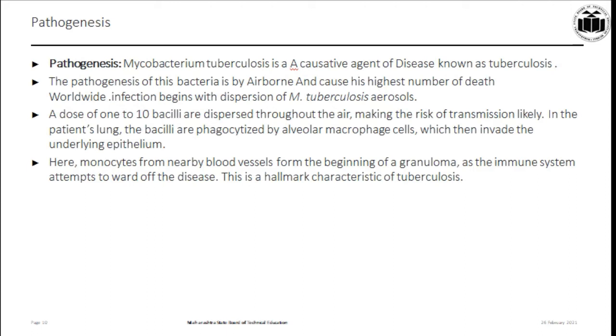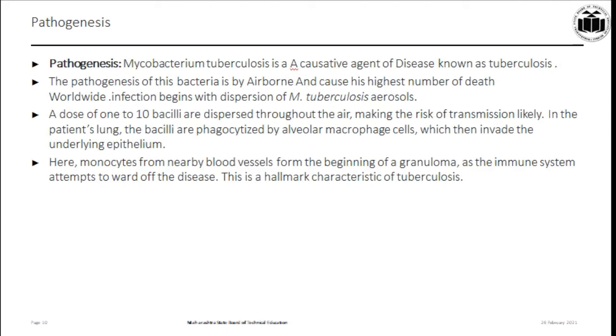The bacteria is transmitted by the airborne route, and hence causes maximum deaths worldwide, caused by the aerosols of Mycobacterium tuberculosis.